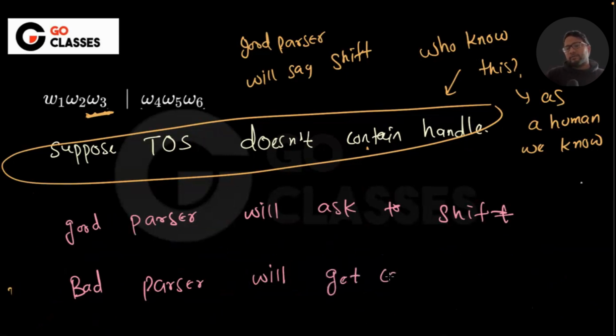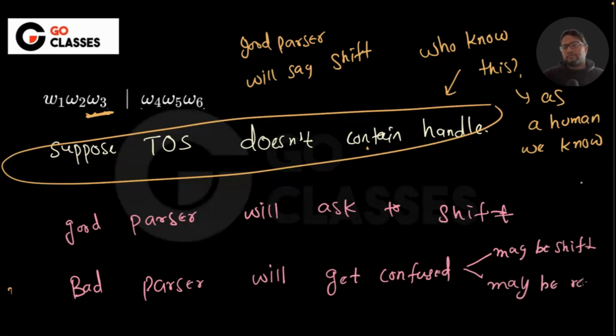That is called a shift-reduce conflict. We will come to that. It will give multiple choices: maybe shift, maybe reduce. Anyway, you will understand that with more examples and with the flow of the lecture.